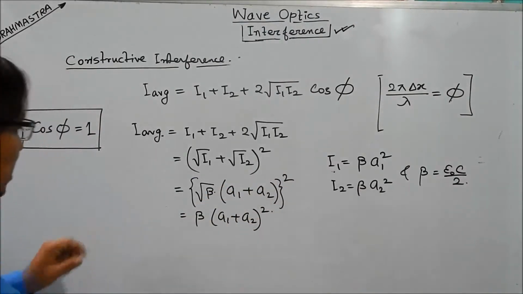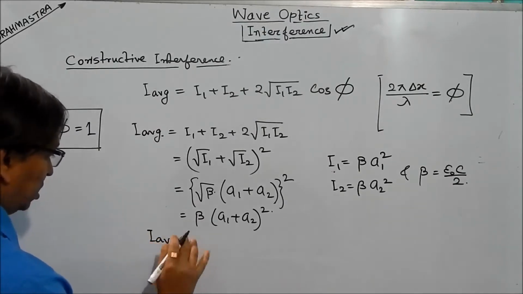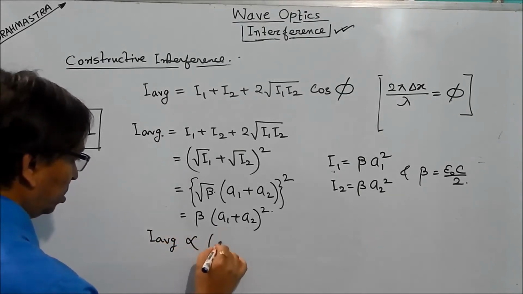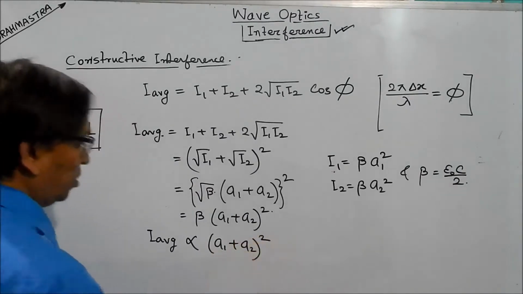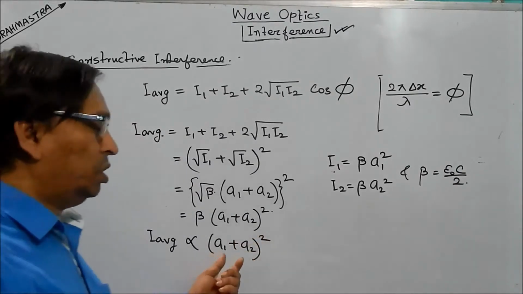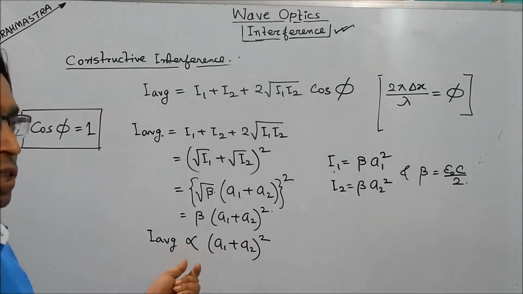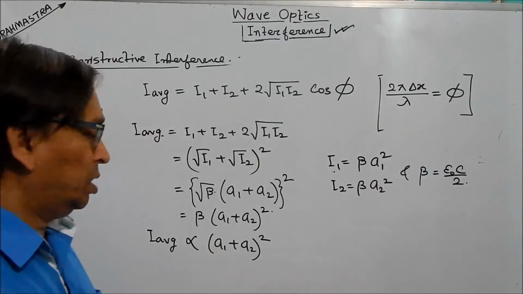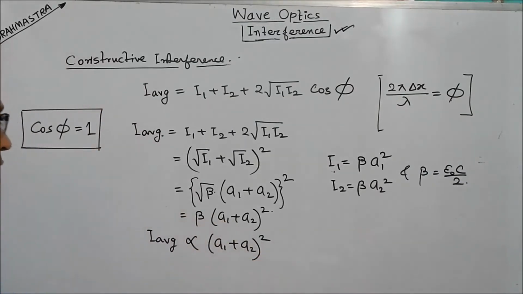That means you can say the I average in this condition is proportional to A1 plus A2 whole square. That means if both the waves have different amplitudes, then the intensity will be proportional to A1 plus A2, the whole square. So this is one of the results.